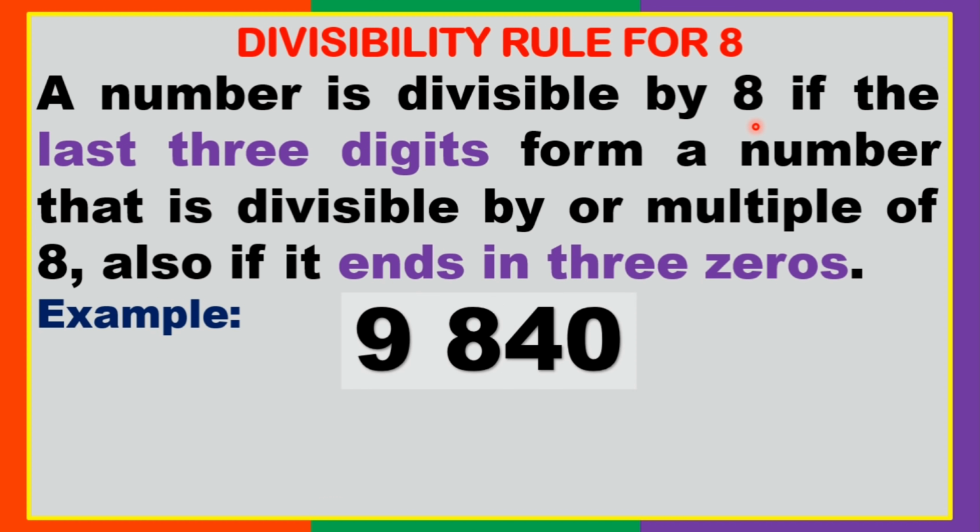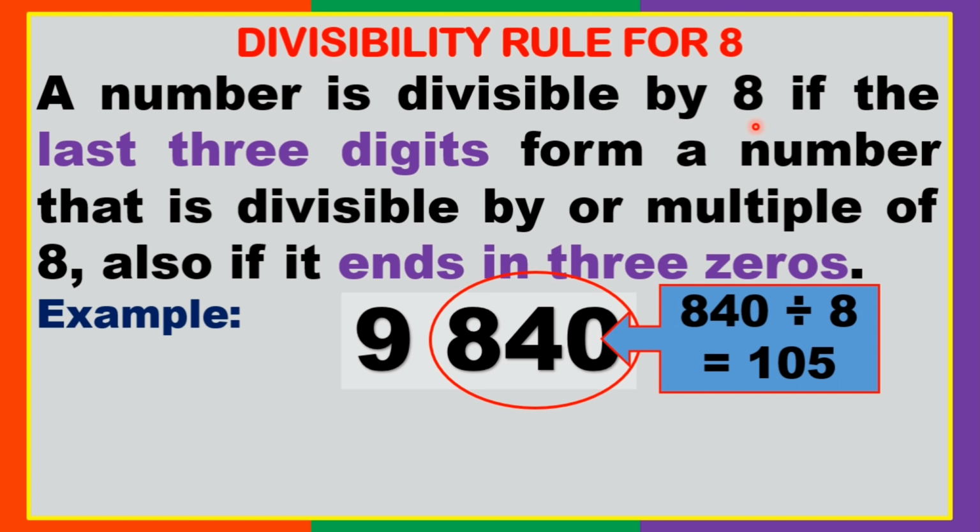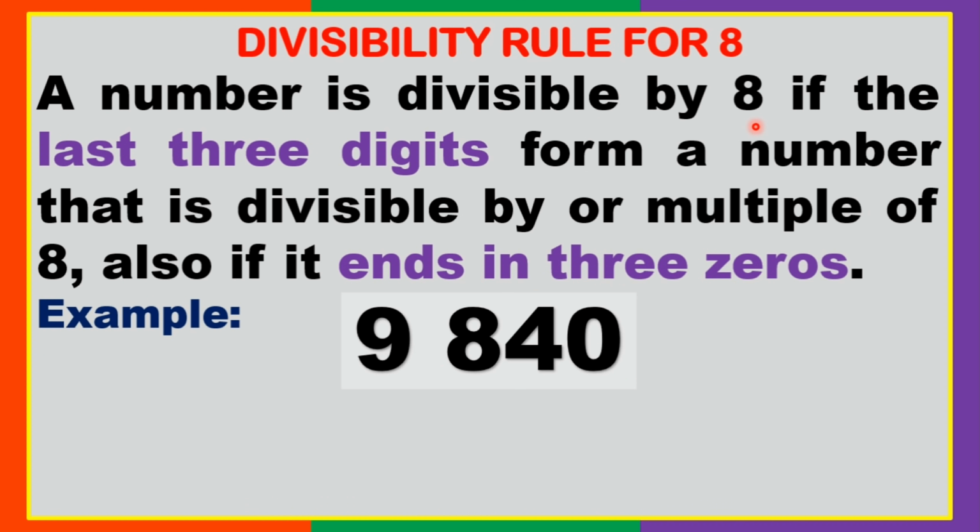Example, if we have the number 9,840, look at the last three digits, 840. Divide 840 by 8, we get 105. There is no remainder. Therefore, 9,840 is divisible by 8 or has the factor of 8.